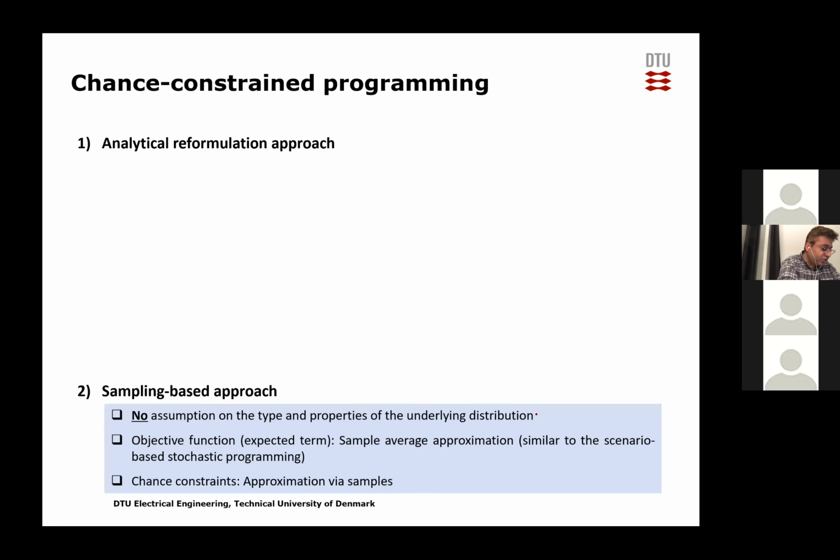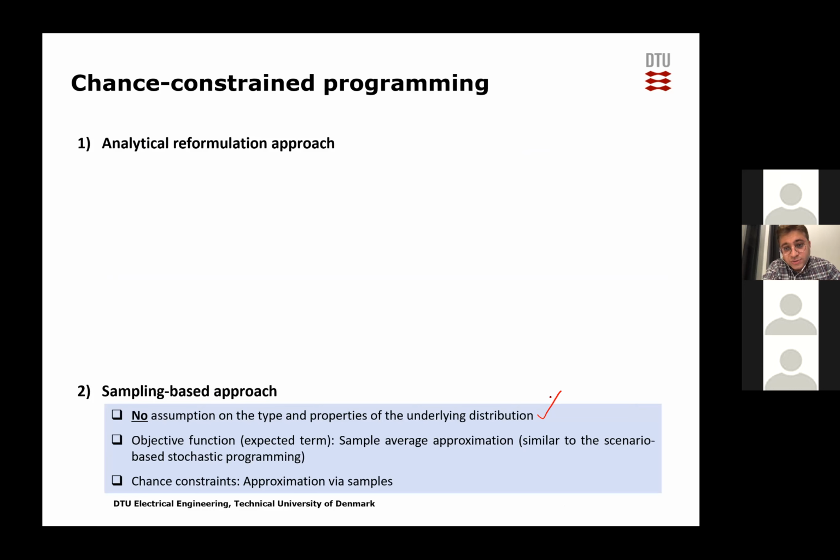But if we don't know the type of our distribution, we just have a huge empirical data set from historical data, and it does not necessarily follow a specific distribution, or we don't have the properties explained in references 1 and 2, then analytical reformulation is not an option for us.